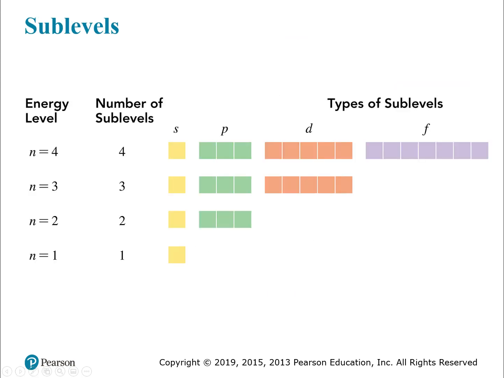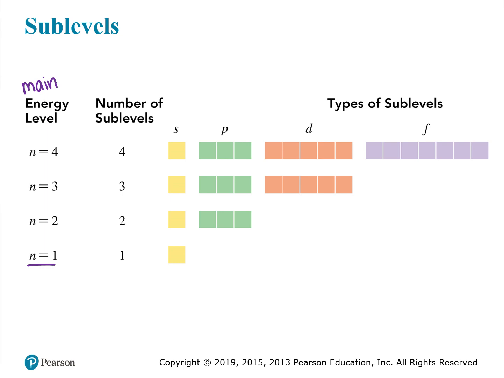So let's press onward. We talked about energy levels with electrons. We can break those energy levels into sub-levels. So if we have energy level 1, this is kind of our main energy level. We're looking at the first row on the periodic table or the second row on the periodic table.